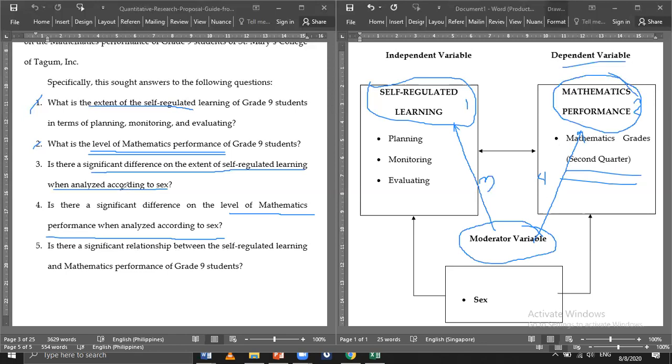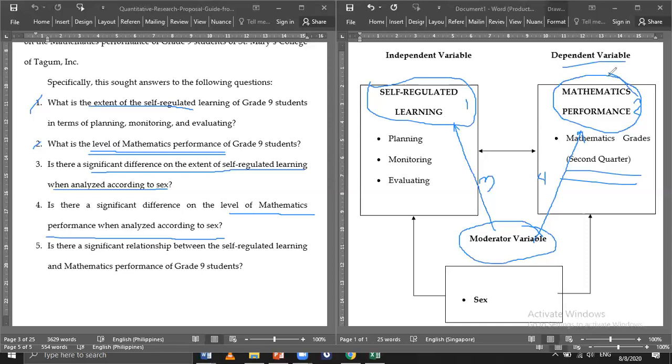Then 3, she wanted to know if there's a difference in the extent of self-regulated learning when it is compared or analyzed according to sex. This answers the question, do female students and male students have differences on the extent of self-regulated learning or not?